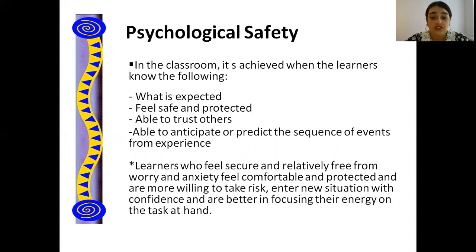In the classroom, it's achieved when learners know what is expected, feel safe and protected, and are able to anticipate or predict the sequence of events from experience. Learners who feel secure and relatively free from worry and anxiety feel comfortable and protected and are more willing to take risks, enter new situations with confidence, and are better at focusing their energy on the tasks at hand.